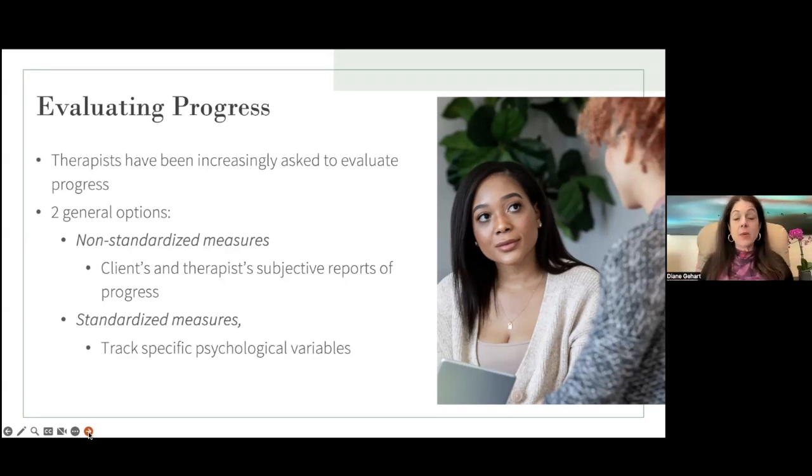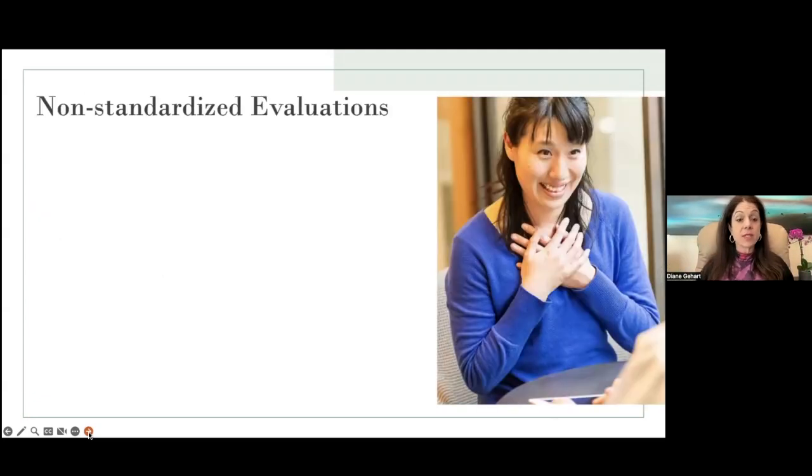When they don't line up, you need to have some conversations about that. These are not the God-given truth. There's a lot of utility and good information that we get from standardized measures, and you should always be hoping that they align with the subjective reports. If not, it's really important to have a conversation.